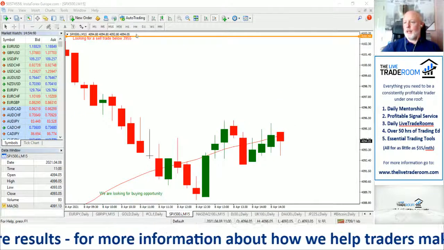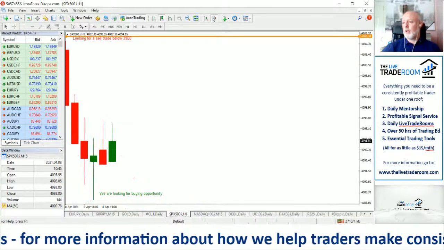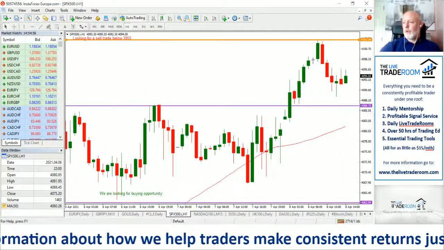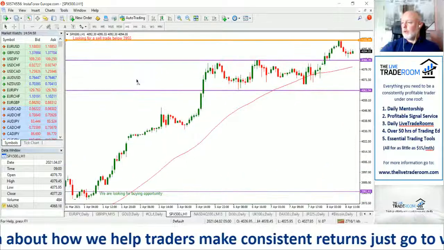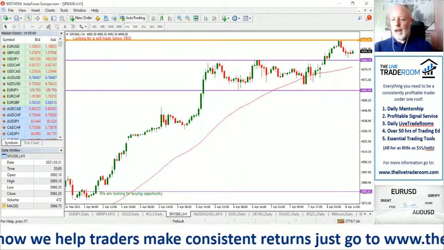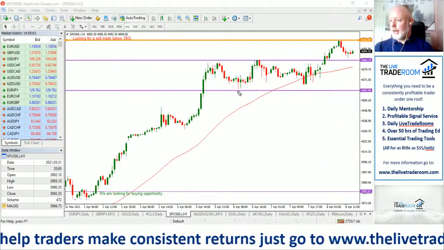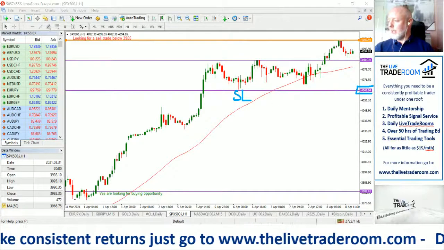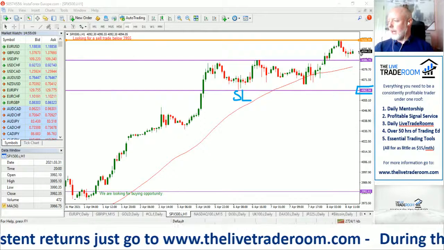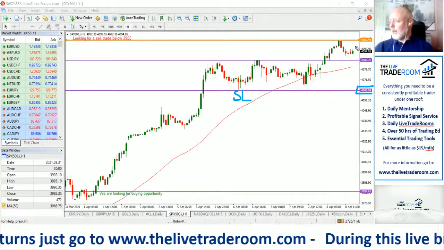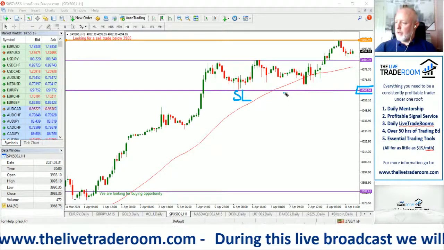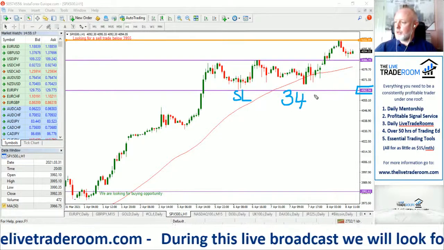Where would we place our stop loss? Well, the safest place, and this is purely technical, is actually below this level. So it's the 40.62. So if we got in about 40.95, we are talking about a 30, maybe 34 point stop loss.